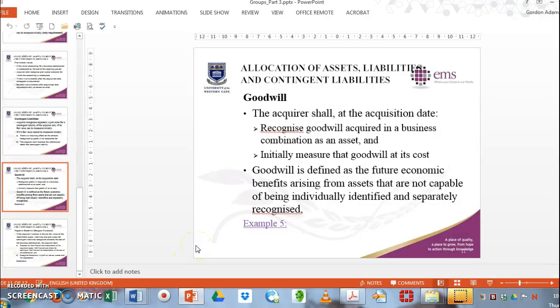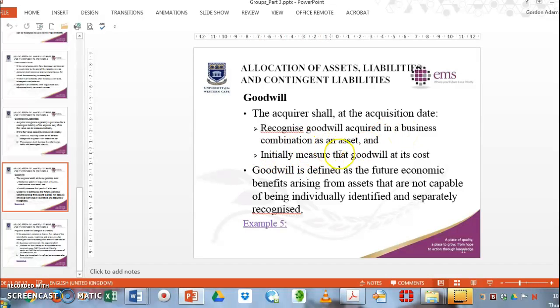Let's continue quickly. So it says basically that when we pay more than the fair value of the assets we are acquiring, we pay a portion of goodwill. The acquirer shall at the acquisition date recognize goodwill acquired in a business combination as an asset.